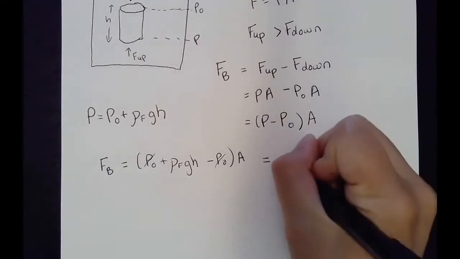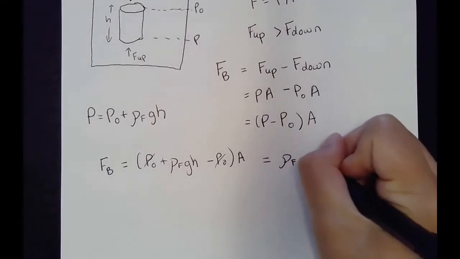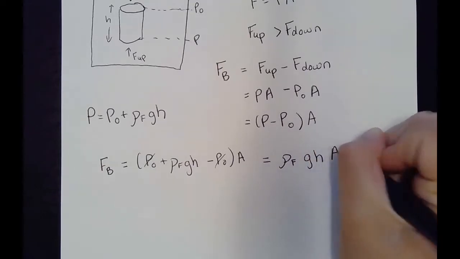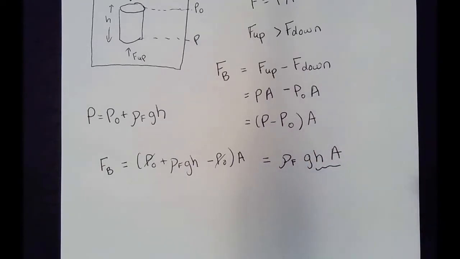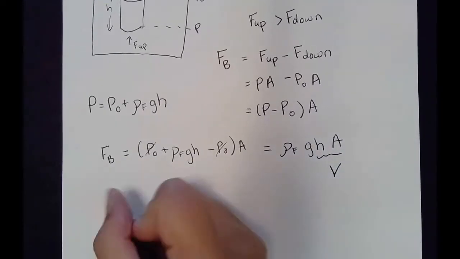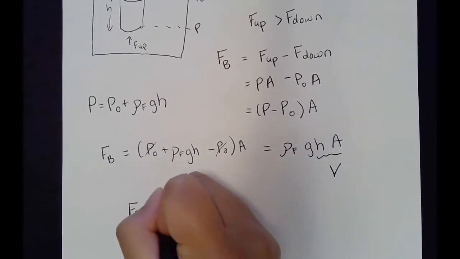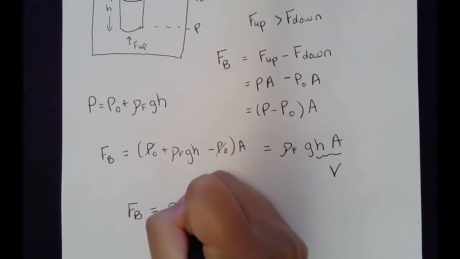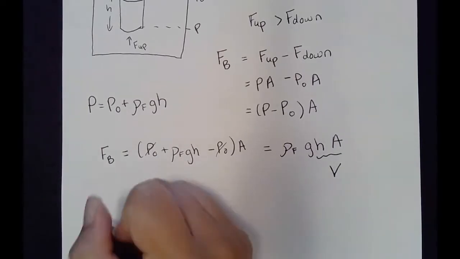So we're left with rho, the density of the fluid, g h times A. And notice this height times area is just the volume. So we end up with this definition for the buoyant force, Fb equals rho_f V g.